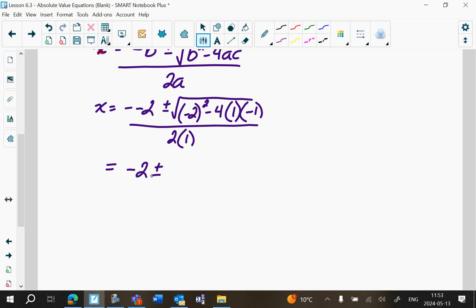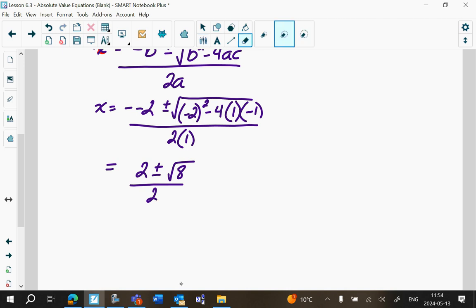Remember, when you square this, it's 4, not -4, it's 4. And this is plus 4. So this works out to 8. What's that? Oh yeah, sorry, +2. Thank you. Now what? Don't you dare say cancel the twos.